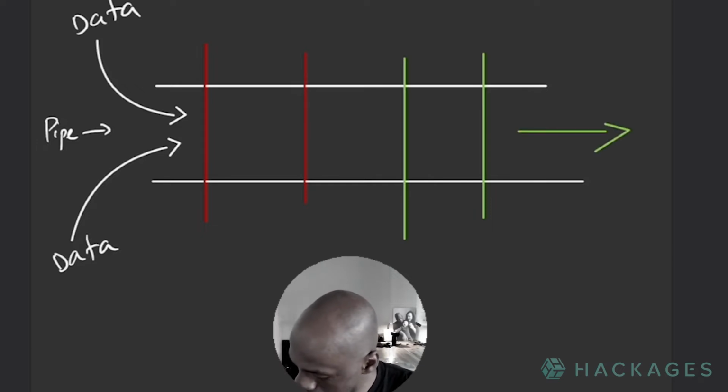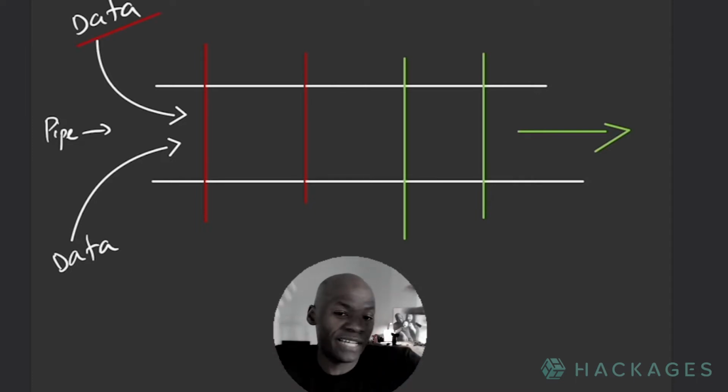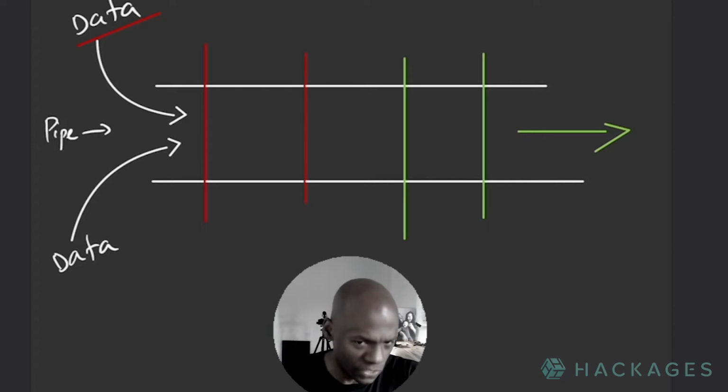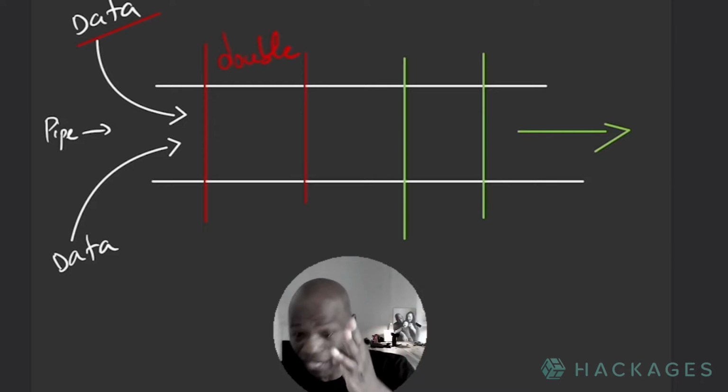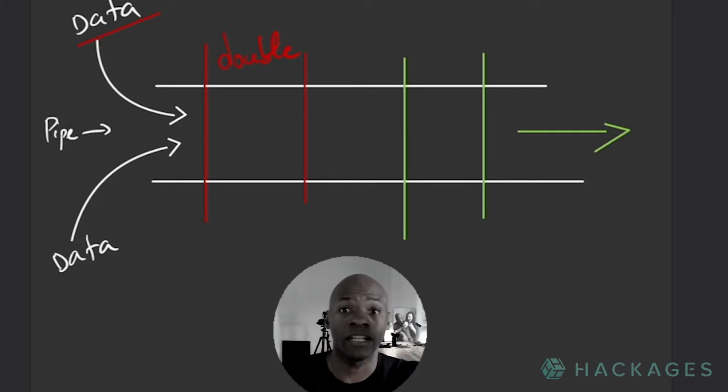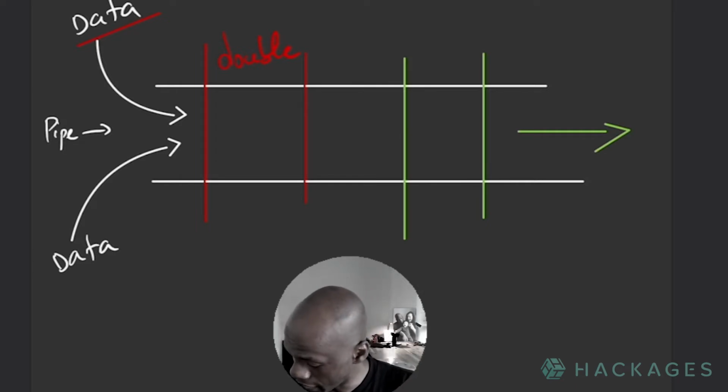Think of it, for example, that the data that comes in is basically an array of things, or just 0, 1, 2, 3. This one is going to take care of, for example, doubling. We're just going to put double over there, so it's going to double the value. For each value entering there, if it's 1, it's going to become 2, and whatever goes inside there enters that pipe here, and then it will exit over there.